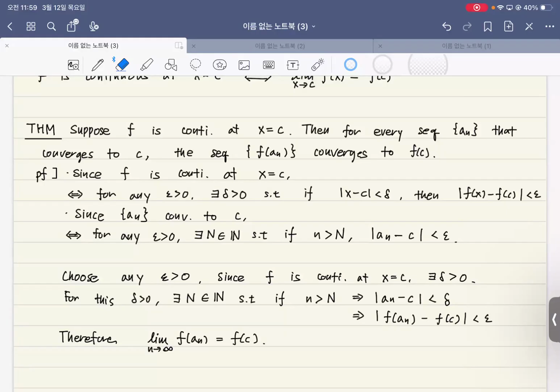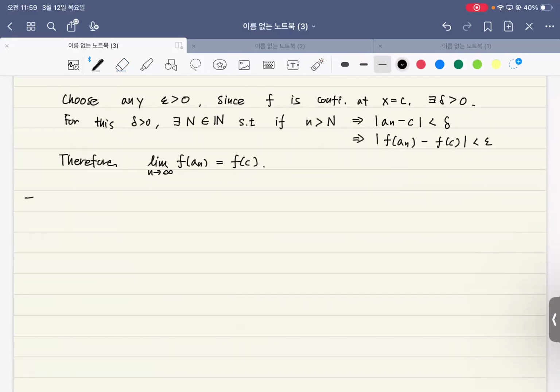And actually, this condition turns out to be the characteristic property of the continuous functions. The converse of the statement is also true. Suppose I have a function defined on an interval containing c.